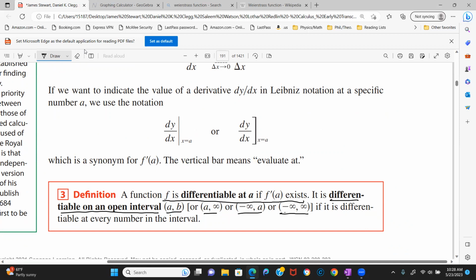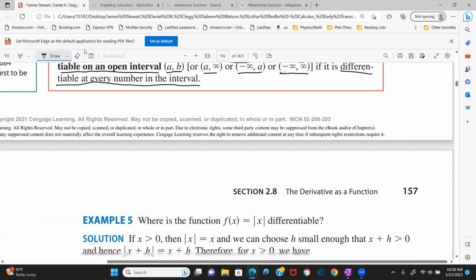You're differentiable on such an interval if you're differentiable at every number. Same thing with continuity. Remember, if you're continuous on a set, it just means you're continuous at every point in the set. If you're differentiable on a set, it just means you're differentiable at every point in the set.